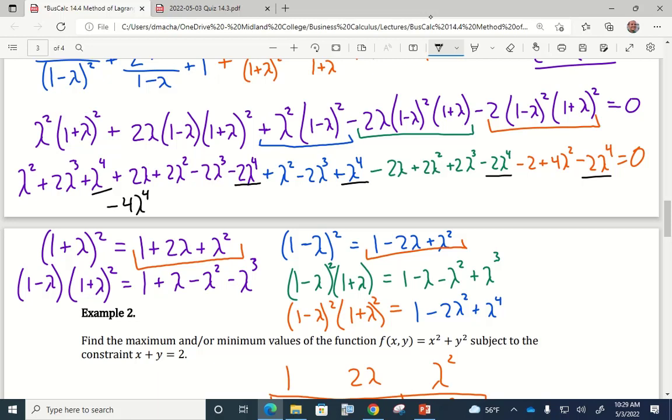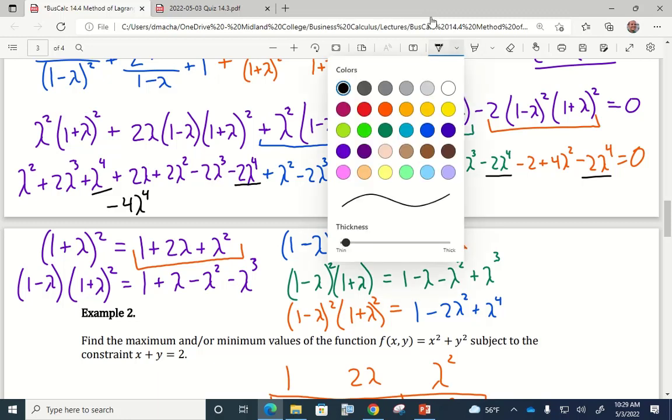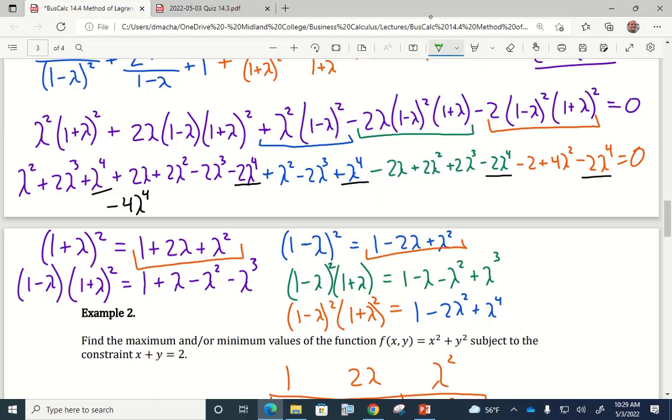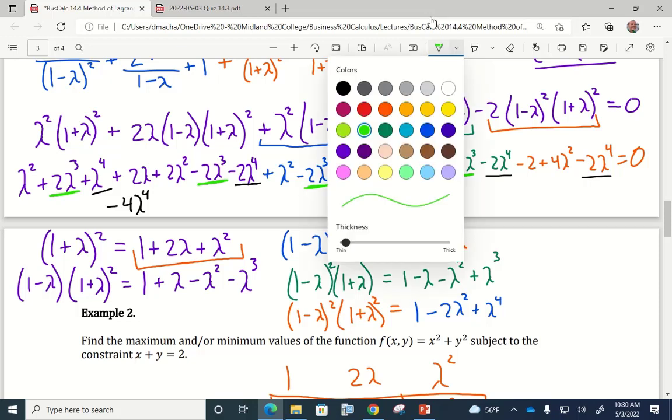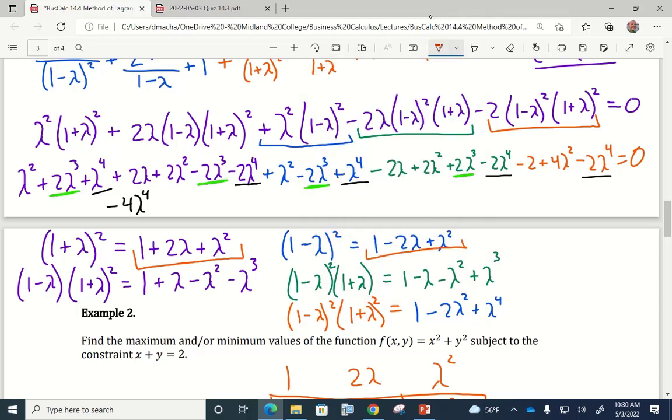Okay, now let's collect my lambda cube terms. So I've got 2, 0, negative 2, 0, and I have 0 lambda cube terms. Those all cancel. What about lambda squared? I've got 1, 3, 4, 6, 10.